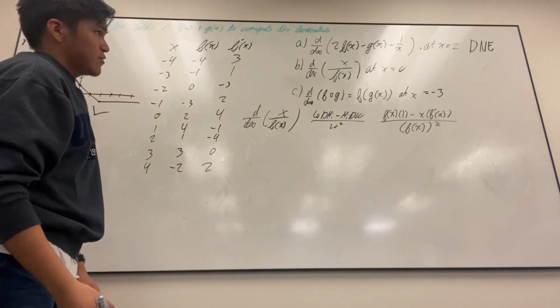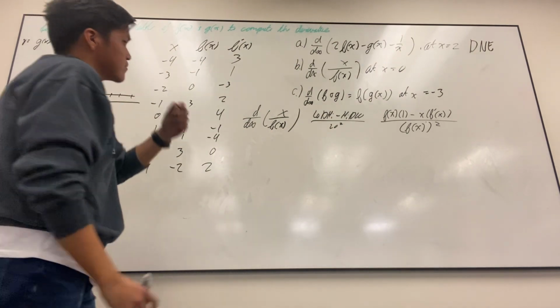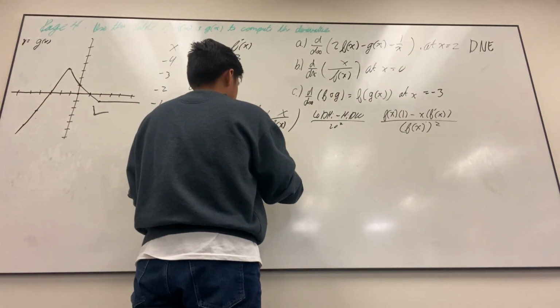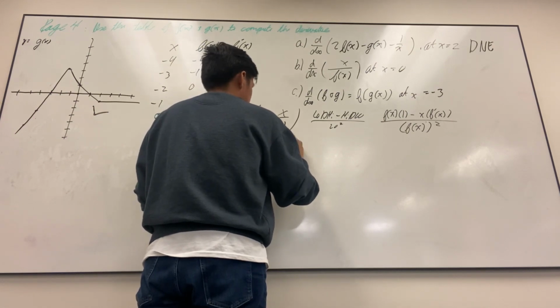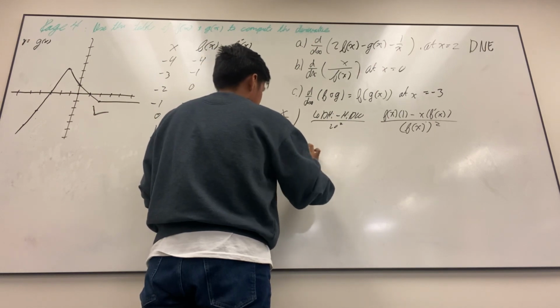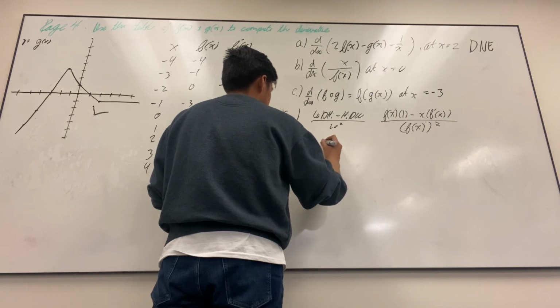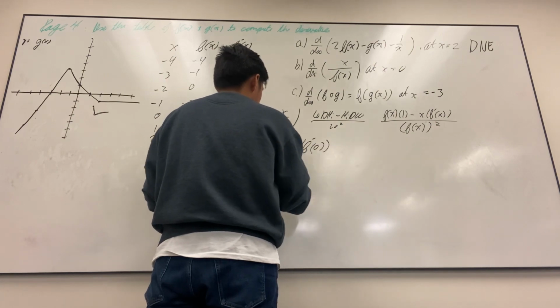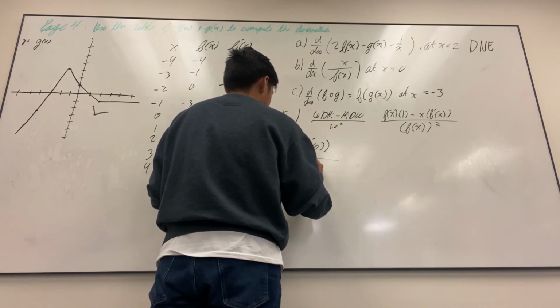Now we can plug in our values at x equals 0. So our equation would be f of 0 times 1 minus 0 times f prime of 0, over f of 0 squared.